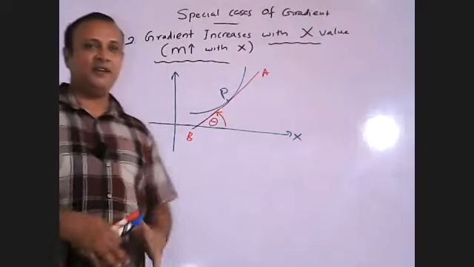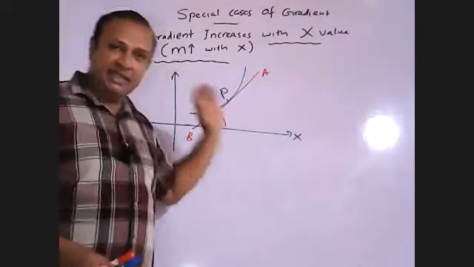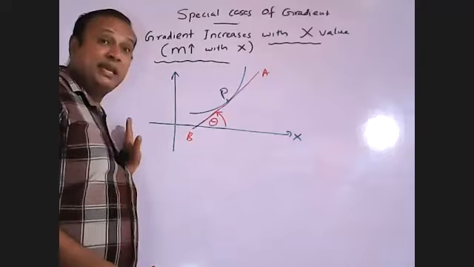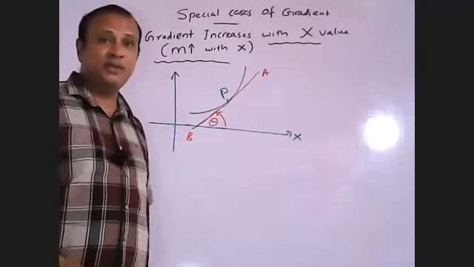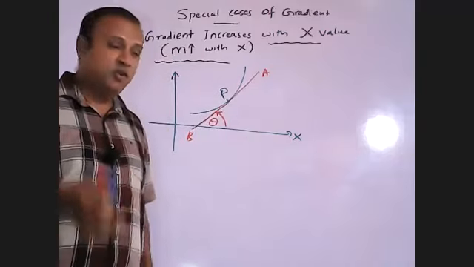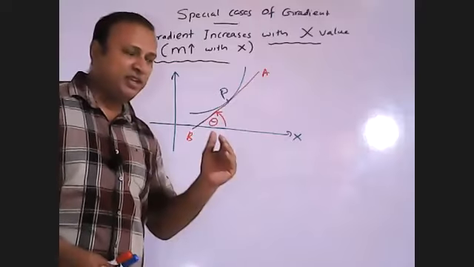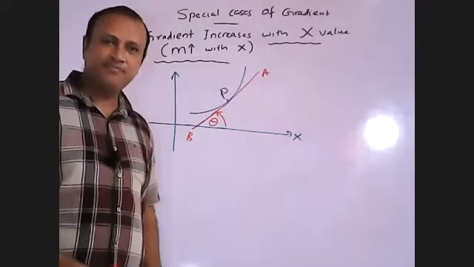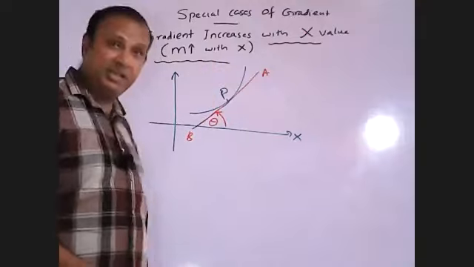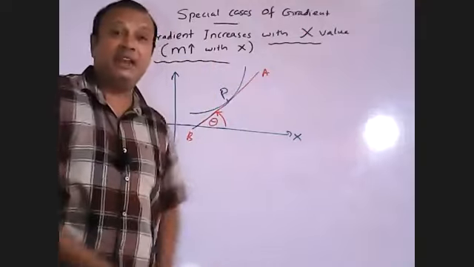So theta lies from 0 to 180. Now I'm going to determine the variation of m. Variation of m means gradient. Gradient means a tan value.